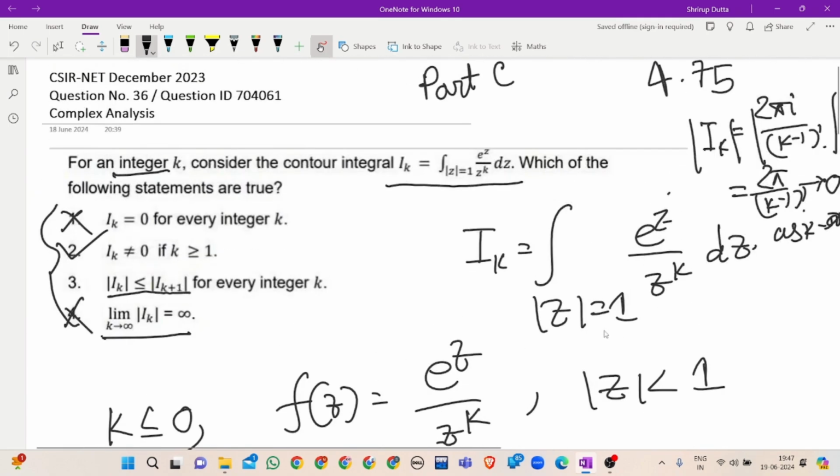Option 3 states the converse, so it is false. So only option 2 is correct and the other options are false.